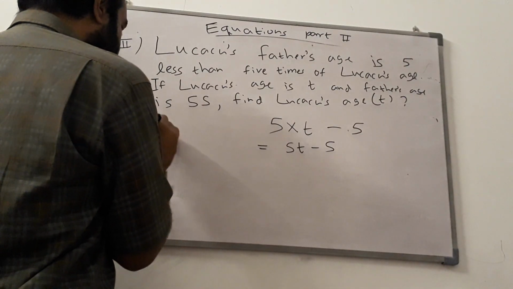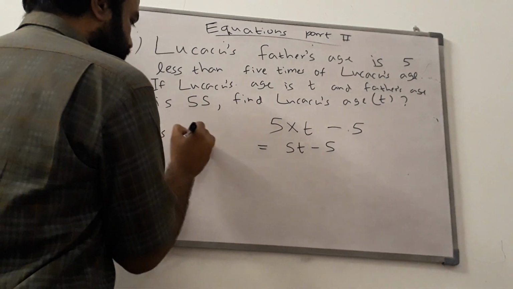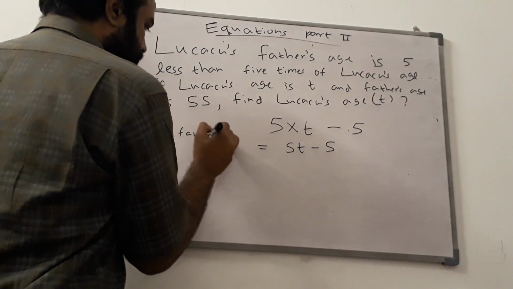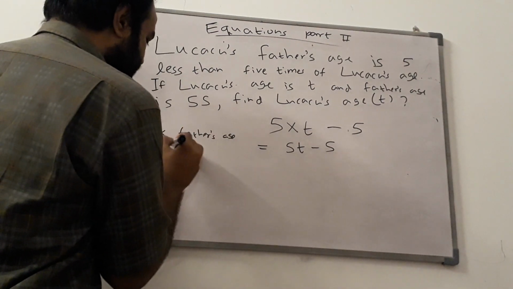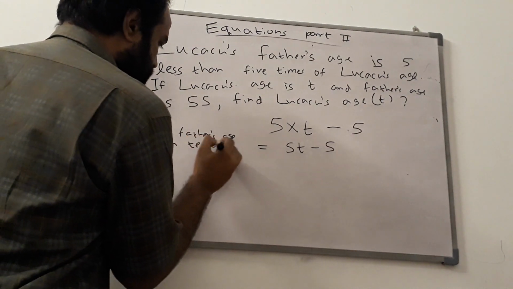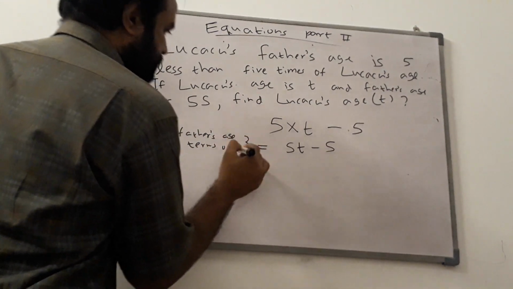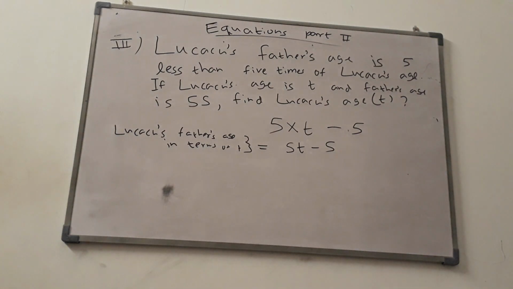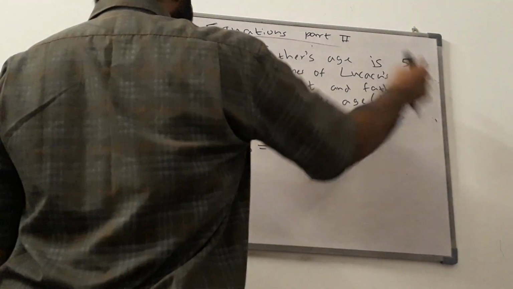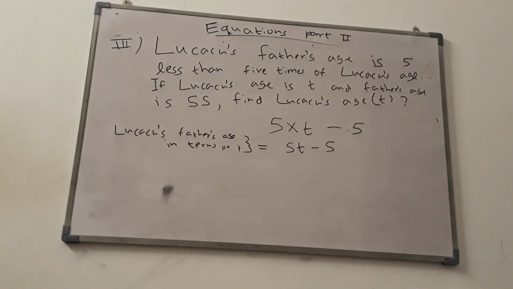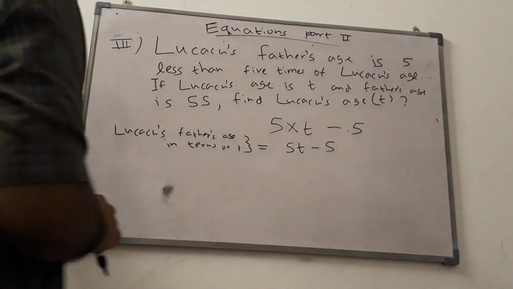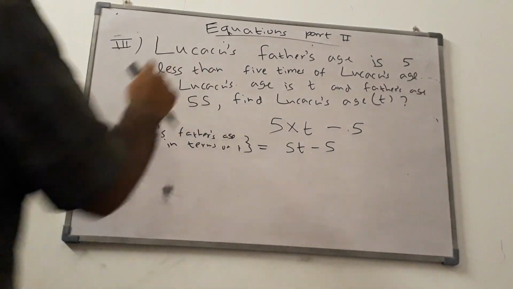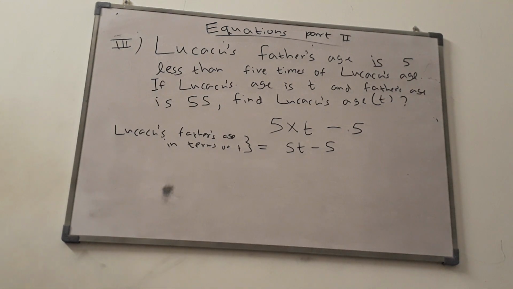Okay, so we can write Lukaku's father's age in terms of T as 5T minus 5, and Lukaku's father's age is given as well, which is equal to 55. Lukaku's age is T and father's age is 55. It is given in figures as well.